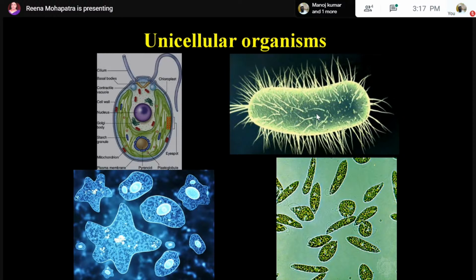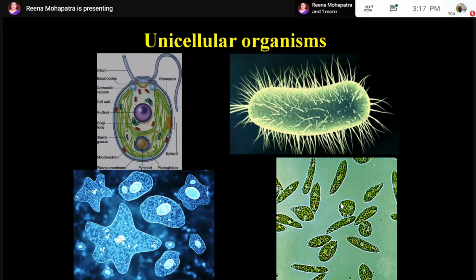Compared to bacteria, the rest three belong to a higher rank in evolution. So these so-called higher organisms which are made up of a single cell are also called by some scientists acellular organisms.